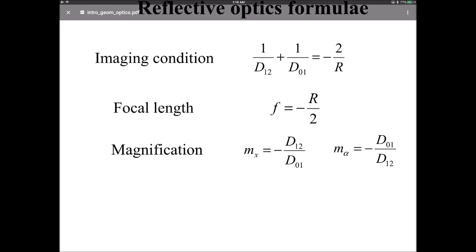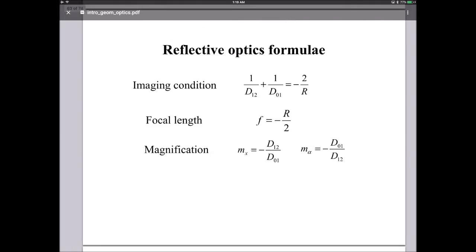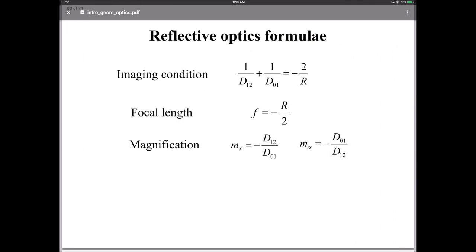These are different from the case of the plane mirror, where magnification doesn't take place and the mirror has no power. So the power of a plane mirror is 0, where power is 1 over f. Right?